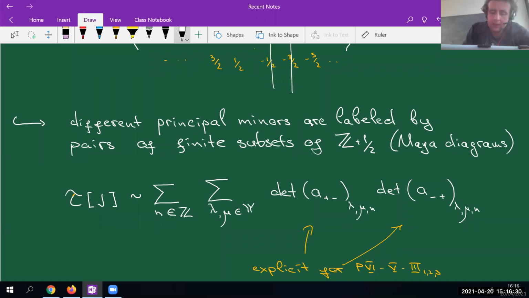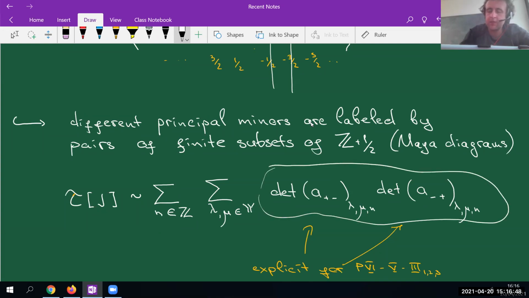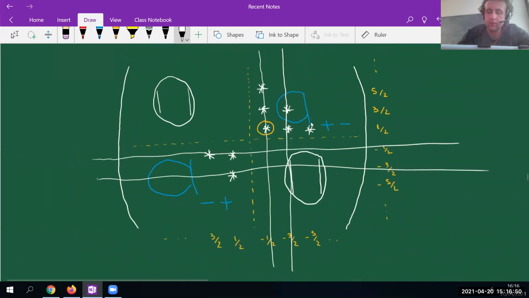We have a sum over integers, a double sum over Young diagrams, and here we have these products. Basically what we have here is a principal minor of our matrix, which factorizes because we have one block from here and one block from here.